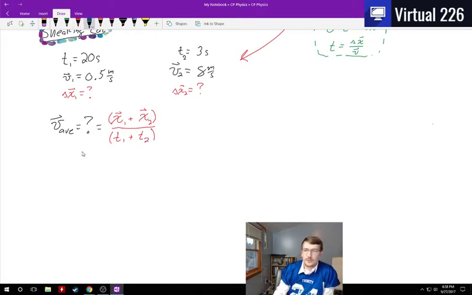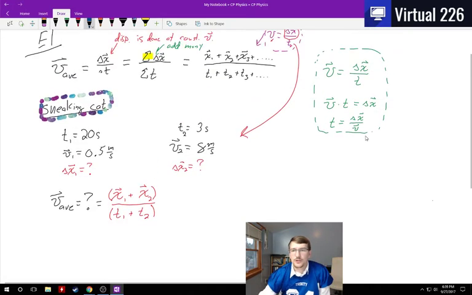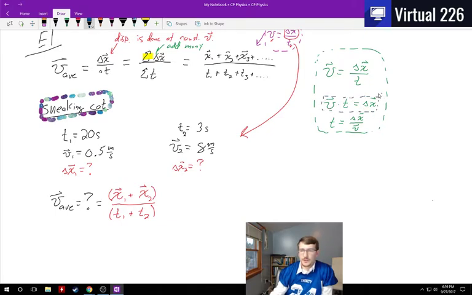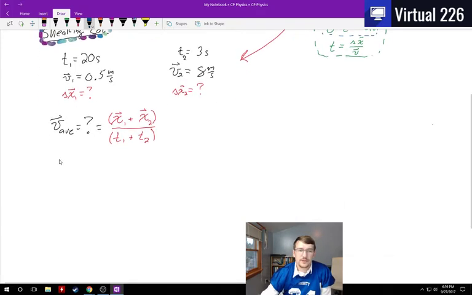So we can simply do this, solving for x1, looking at our equation right up here. If we want to solve for delta x, we've got this equation that's going to come in play, that delta x equals velocity times time.